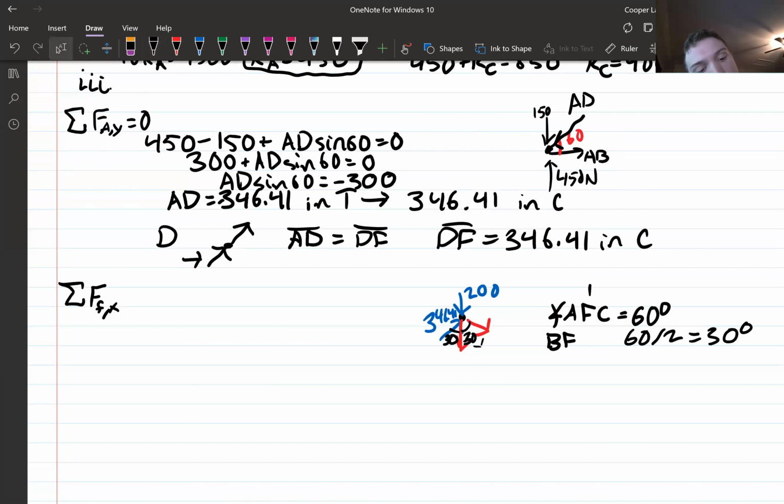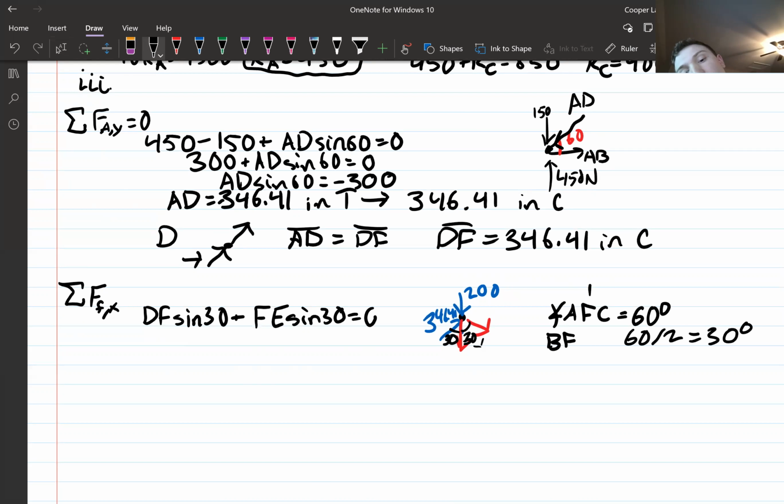Now I have DF times, and now because we're working in the X direction, it's going to be sine 30 plus, because the arrow points positive for X, plus FE times sine 30 because the 2 angles are the same. And this should all equal 0.